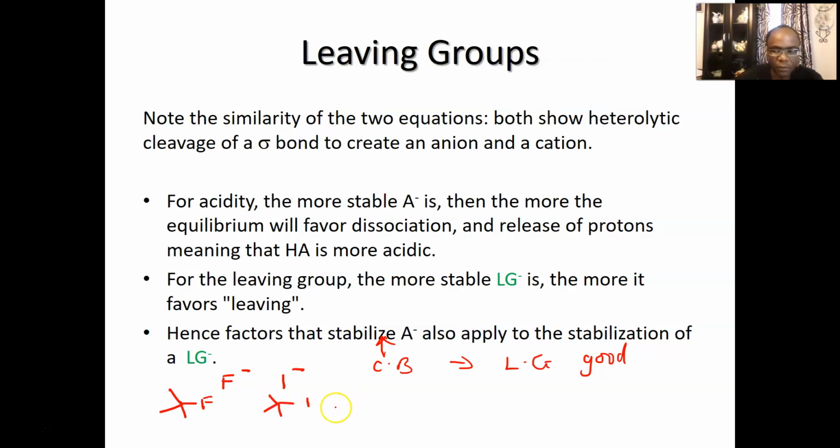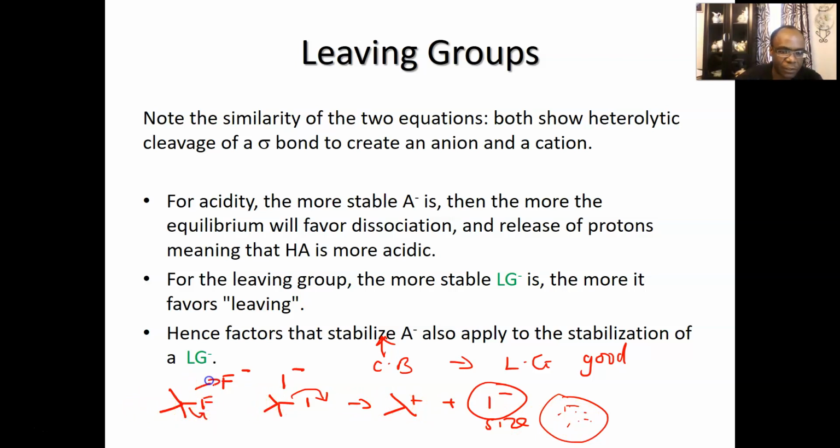The better leaving group will be the I minus, the iodide, because once it leaves, it's going to give you a carbocation and I minus. That's big. There's more volume, there's more room for electrons to stay. So I minus is a better leaving group than fluorine, if fluorine were to leave to give you F minus and the carbocation. So size plays a role here.